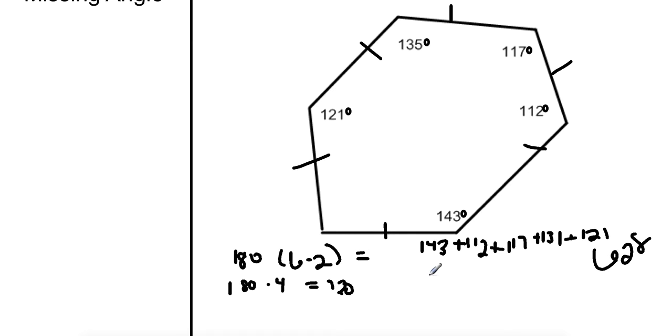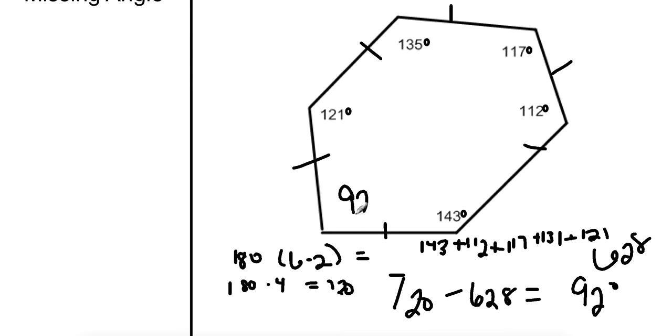So I would just take my 720, because I know all my angles together have to equal 720, and I would subtract 628. If you're going to use a calculator, again, you must show your work. And this missing angle right here would be 92 degrees.